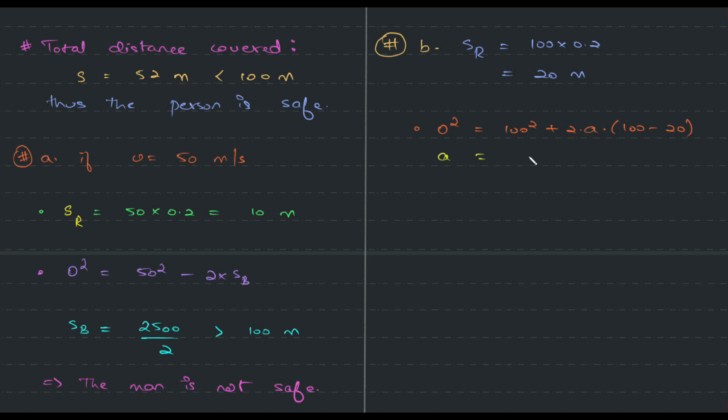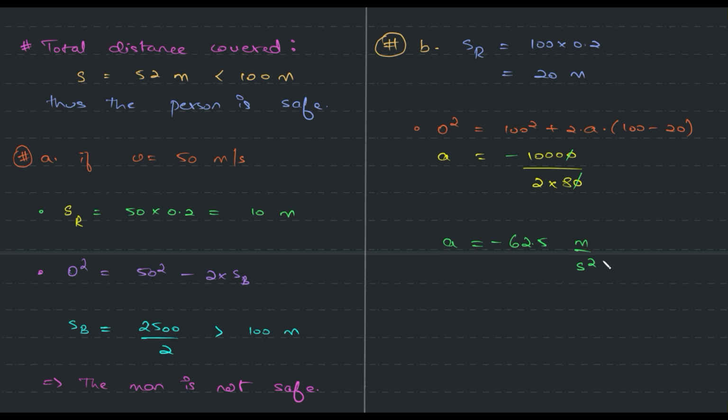So this would be 10000 by 2 into 80. So 1000 by 16. Actually, you should know what 1 by 16 is by heart. So this is 6.25, with a negative, meters per second squared.